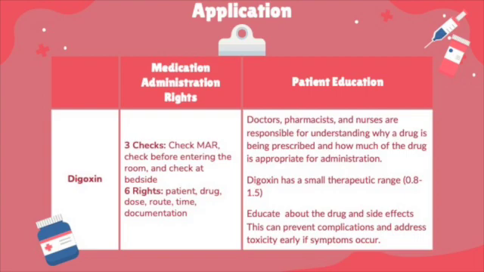If the patient forgot to take the medication, they can take it if it is more than 12 hours before the next dose. But if it's less than 12 hours before the next dose, the patient shouldn't take it because it is going to increase the dose of digoxin and may cause toxicity.